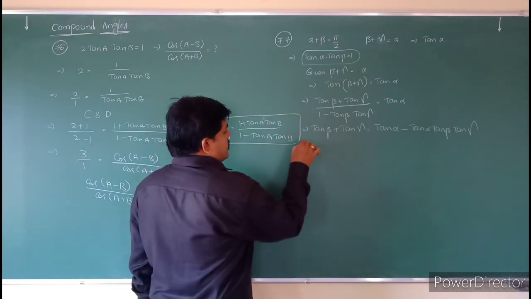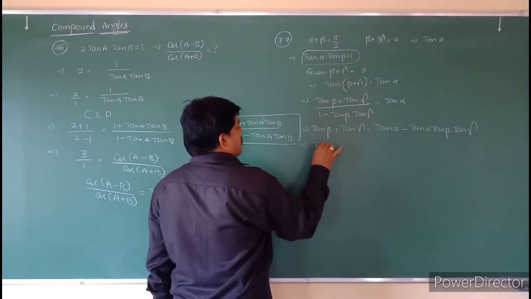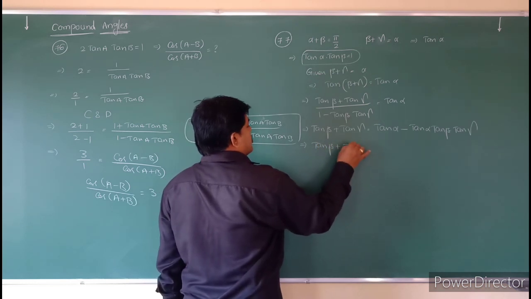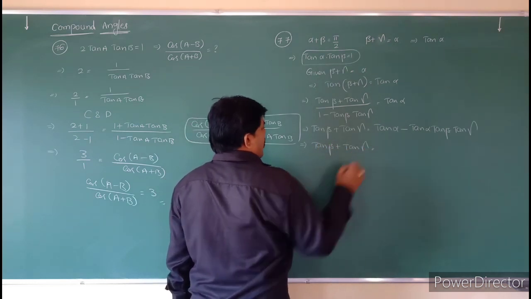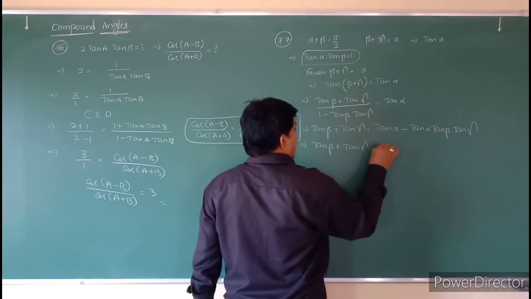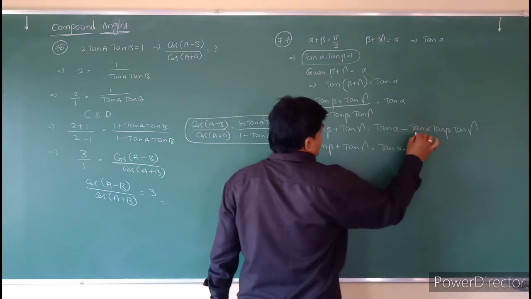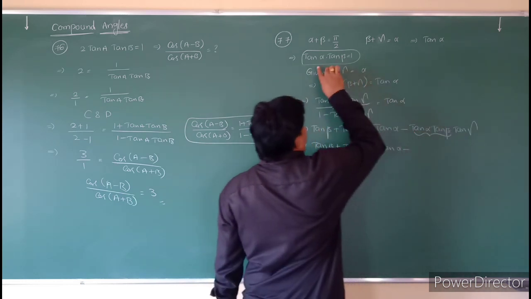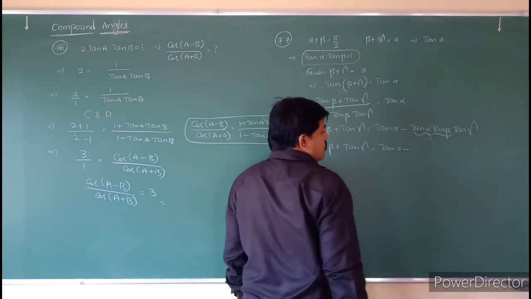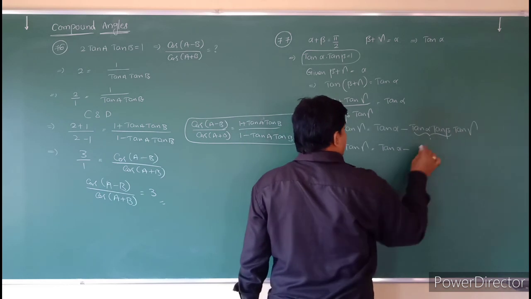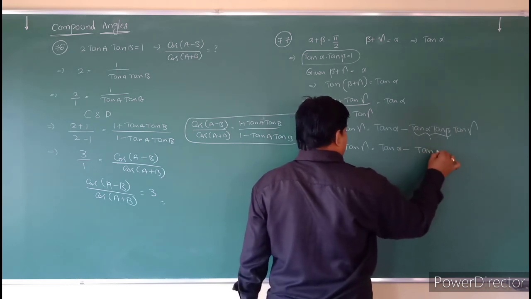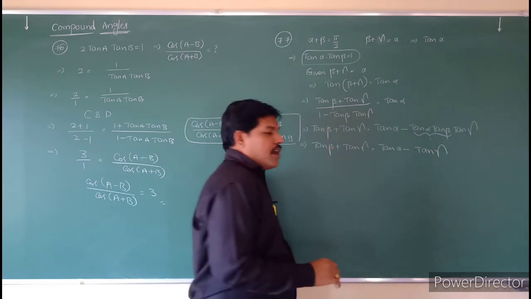So that implies tan beta plus tan gamma is equal to tan alpha minus, and this value, tan alpha into tan beta, is 1. So we can take this value as 1. So what value remains? That is the tan gamma.